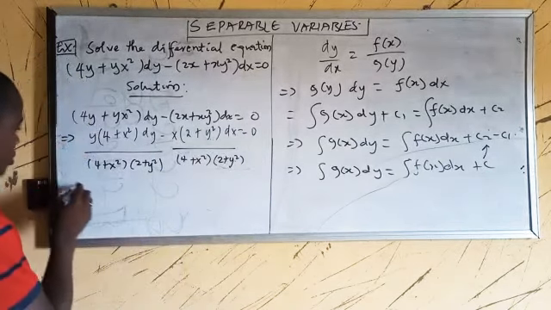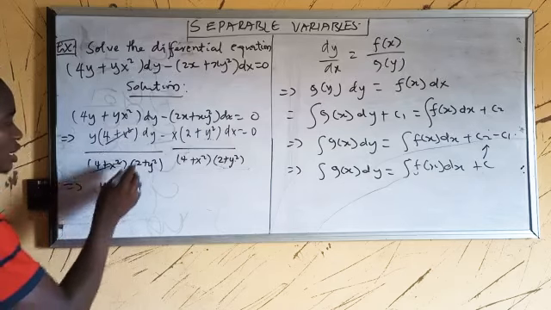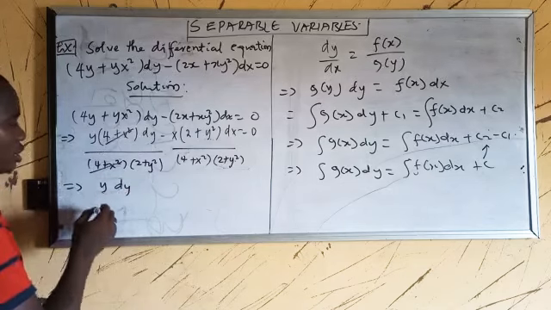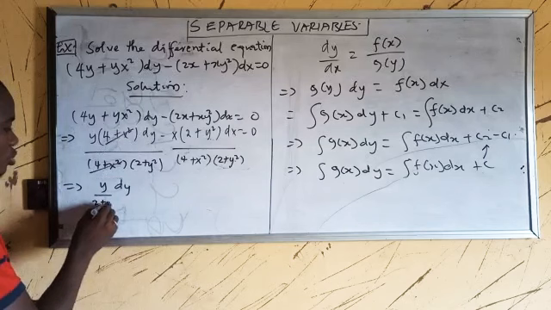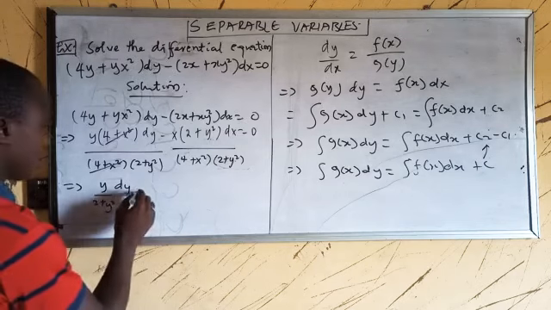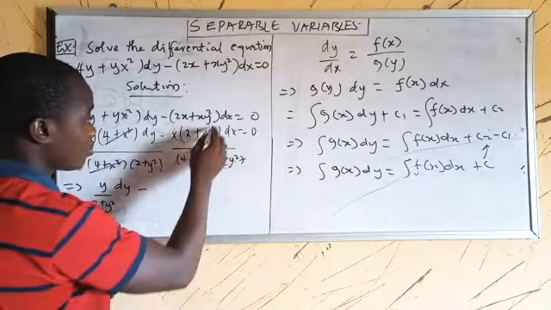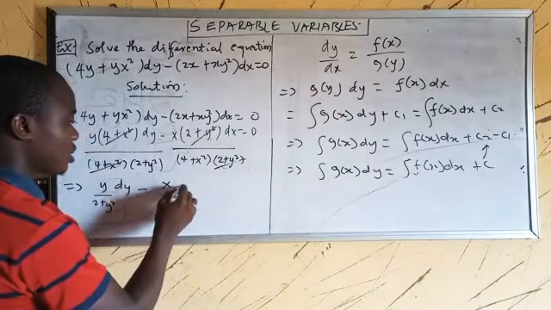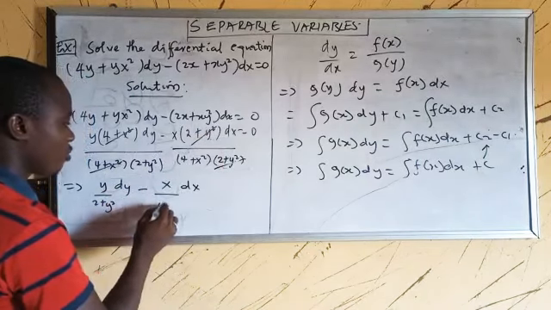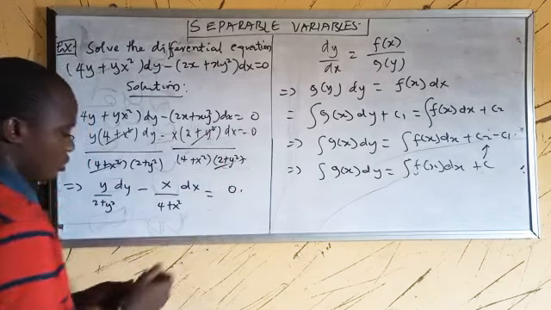So the next thing, you can see this one cancels, and you have y dy over (2 + y²), then minus. So what do we have here? You can see this one cancels, we have x dx over (4 + x²), which equals 0.